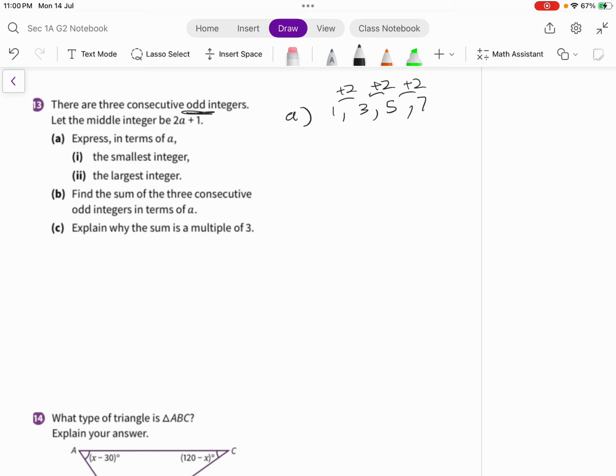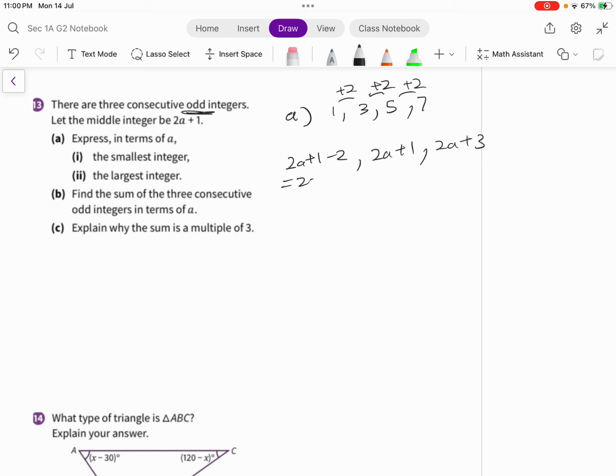So if the middle number is 2a plus 1, the bigger number will be 2a plus 3. But the smaller number will be 2a plus 1, we need to minus 2, because we are going down. As it increases, it's plus 2, but when it decreases, it's minus 2.